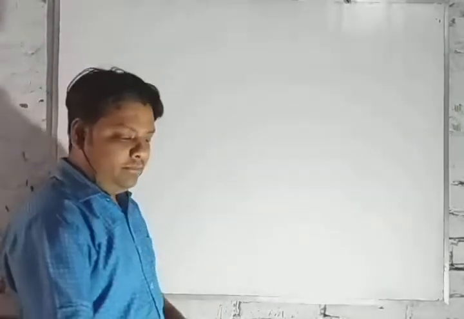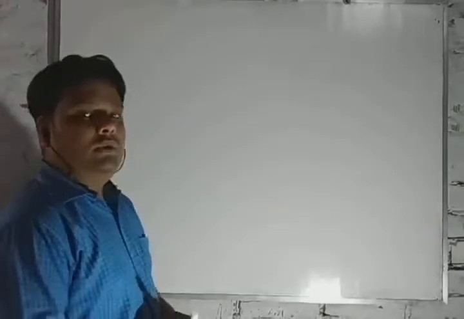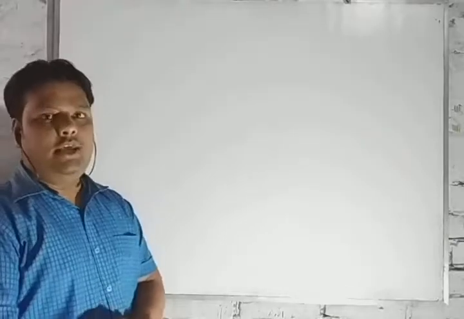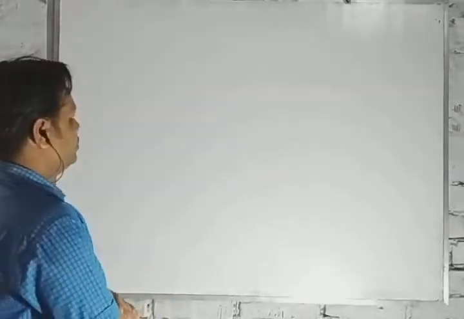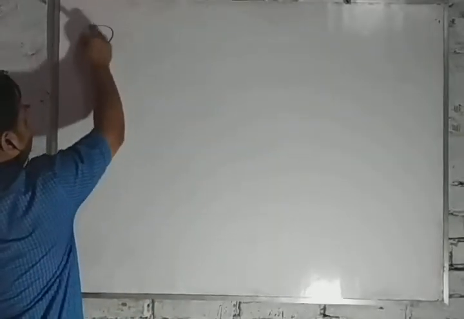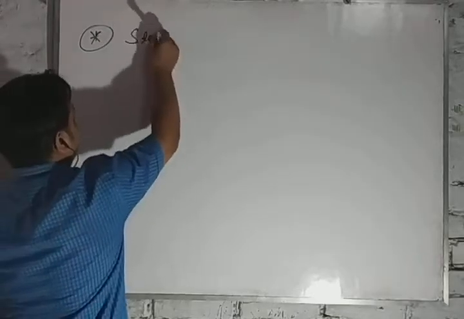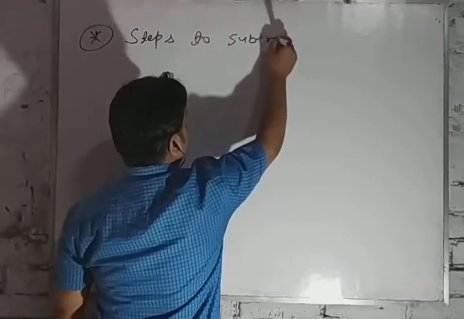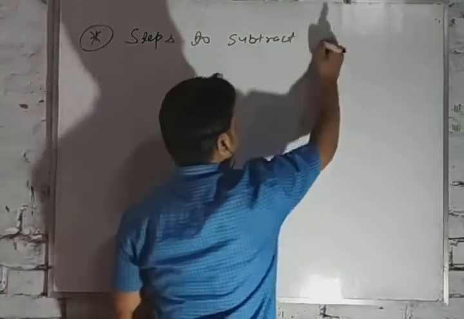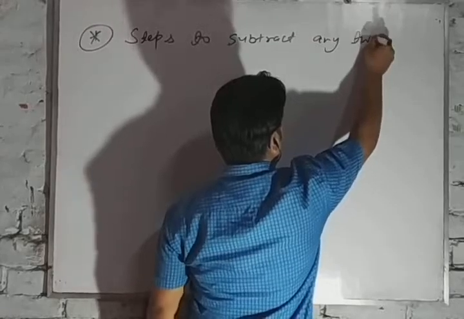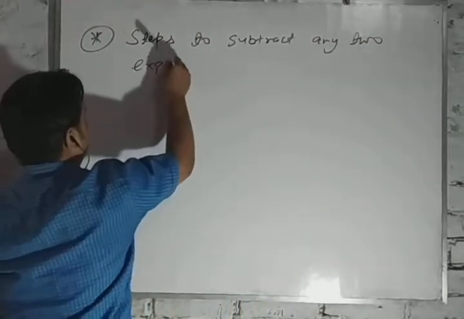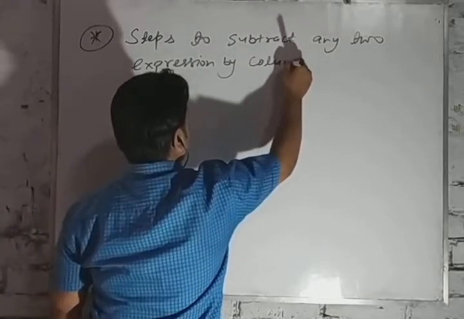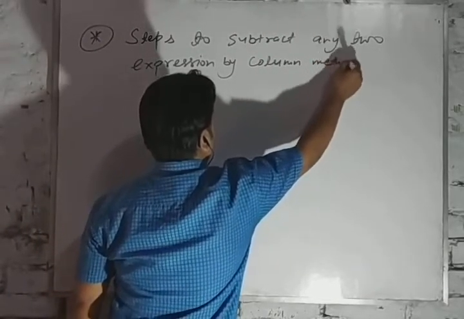So at first I am writing some steps on how to subtract any two expressions by column method. Everyone will see on the board the steps to subtract any two expressions by column method.